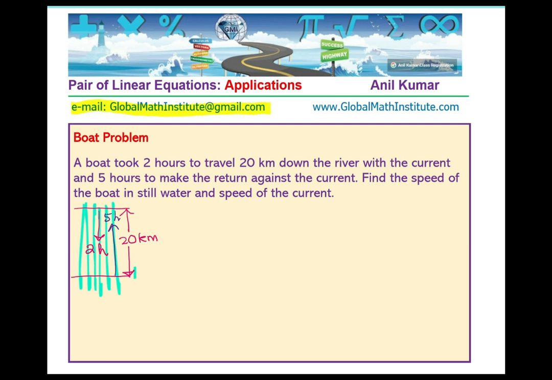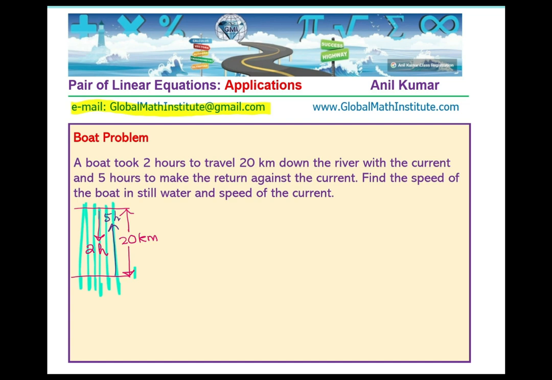The huge difference of 3 hours is mainly because the current of the water was helping the boat to move faster when it was going along with the current downstream. But in the return upstream, the current is against. So, therefore, the speed effectively was reduced and it took longer.